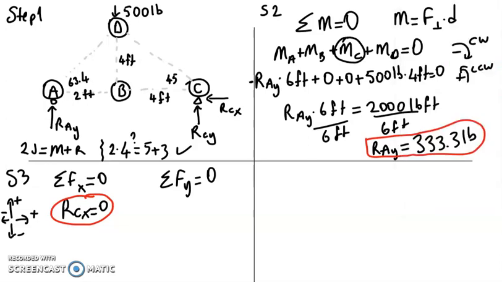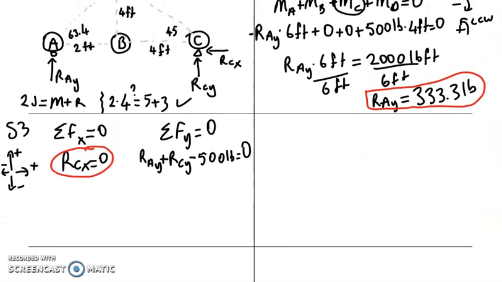Okay, so right now let's apply this. First in the y direction, we have RAY upward, RCY upward, and a 500-pound force downward. The 500-pound force is going to be negative, and that should equal 0. Now, we just found RAY, right?